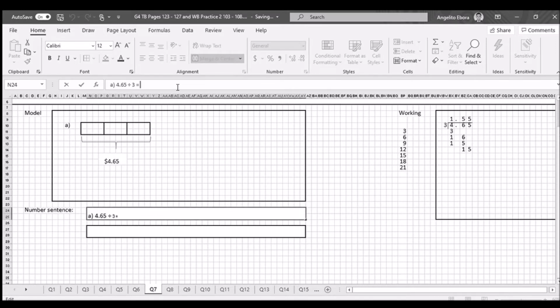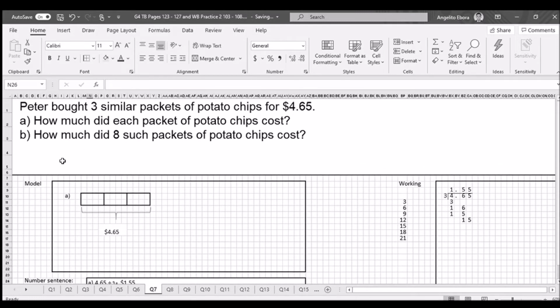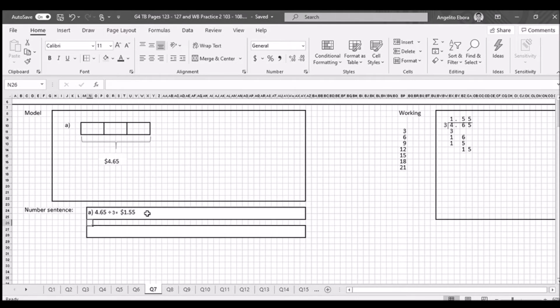So the cost of each packet of potato chips is $1.55. So we're done with letter A. Now let's move on to letter B. How much did 8 such packets of potato chips cost? So we know the price of each, which is $1.55. Now if we're looking for 8, so what do we do? Right?